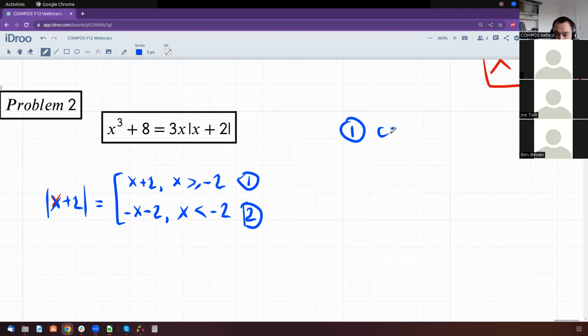Case 1: x is greater or equal to minus 2.